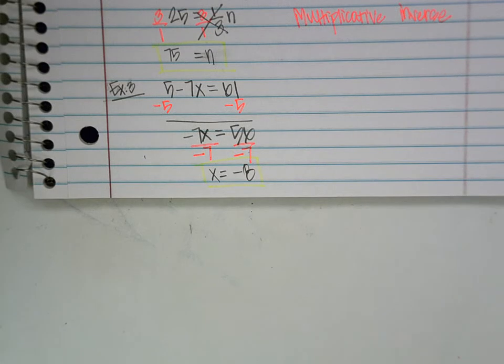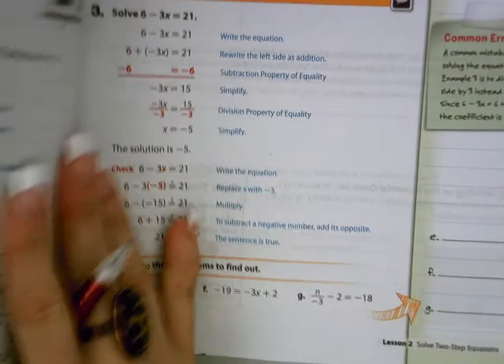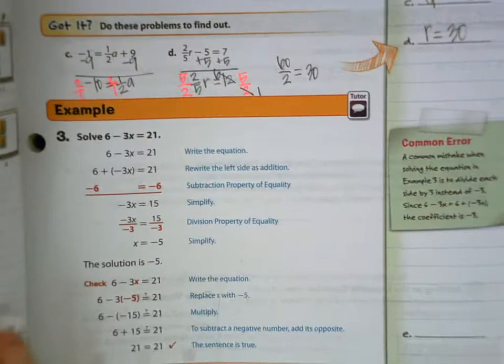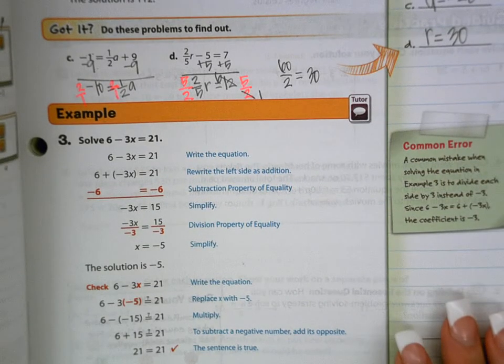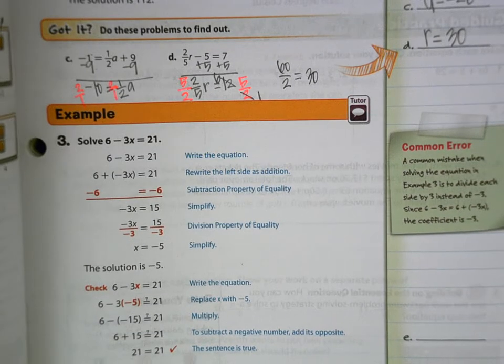Okay, now let's go back to our books and look at page 123, and I want you to try E, F, and G. These are going to involve a couple fractions, but I think that you've got it. E, F, and G, please. Give it a shot.